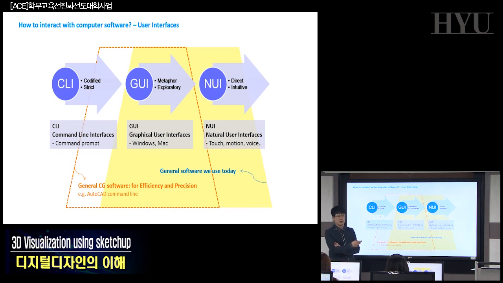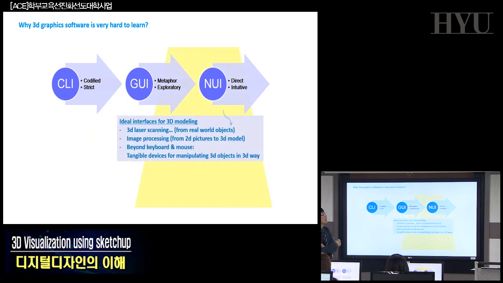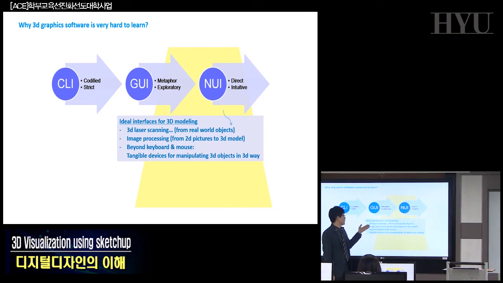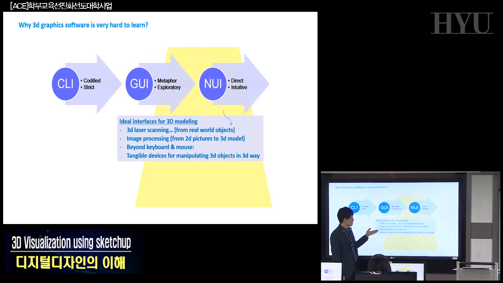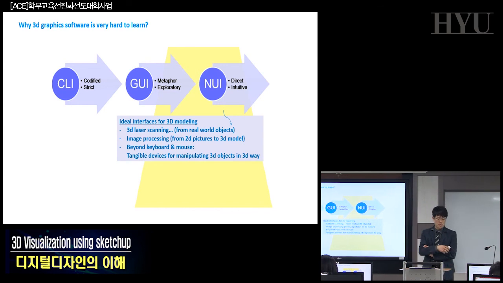We're gonna learn today that kind of command line based interface in SketchUp. Anyway, this kind of gap, ideal way, gonna be NUI and some part of GUI, 3D laser scanning, image processing, something beyond keyboard and mouse. That kind of interface is sort of ideal way of making 3D object.